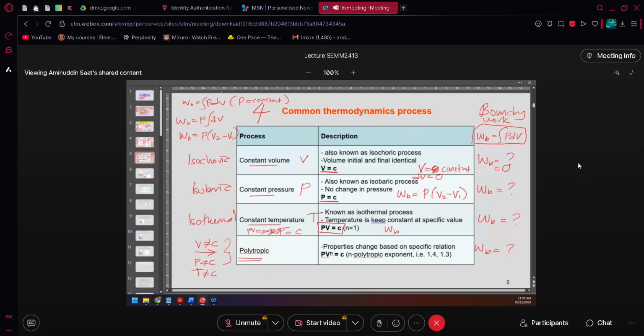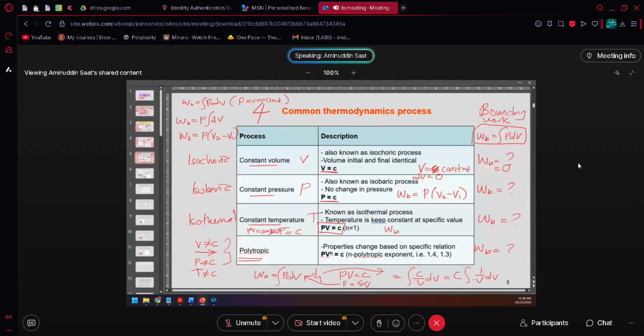So using WB, the integration of PdV, and PV equals C, which is P equals C over V, you combine this equation with the integration. Here you get C over V dV, where C is constant, so you bring it outside: integration of 1 over V dV.